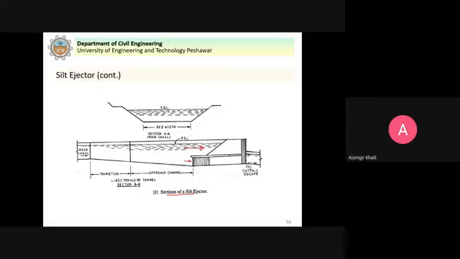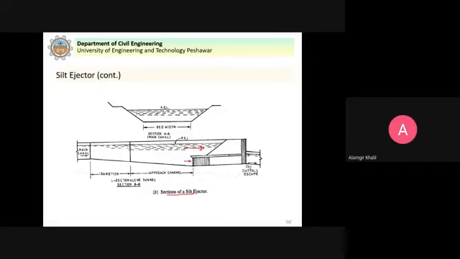So a good foundation should be available at the site at moderate depth. Similarly, the following considerations should be kept in mind while selecting the site for a barrage or weir. So this was one criterion that we discussed while selecting a site for a diversion headwork.